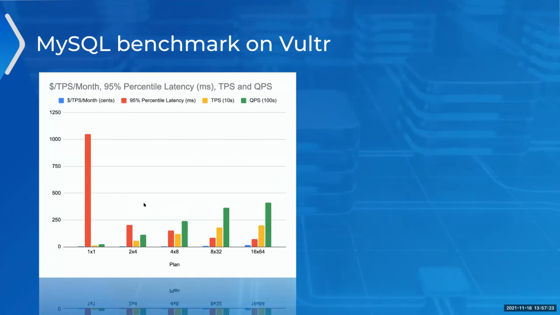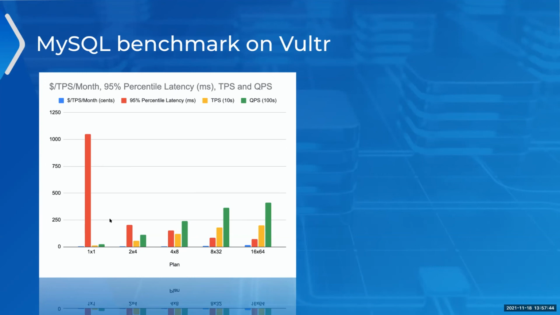What we did was run the MySQL benchmark on these VMs. We measured the 95th percentile latency of the benchmark itself, and the transactions per second and queries per second that we were getting. That's displayed on the y-axis.